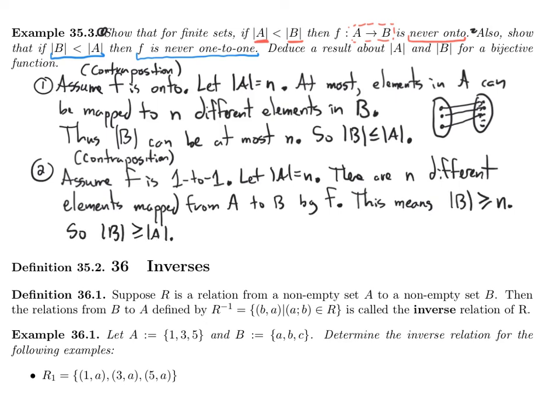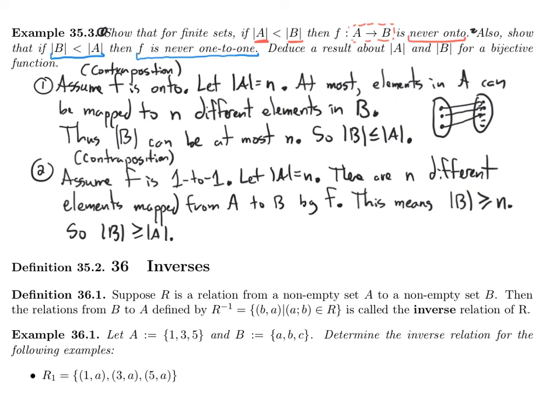And again, by contraposition, we assumed the negation of the then part. So f is a 1-to-1 function, and we showed that the negation of the if part is true. So that means that B is greater than or equal to A, which is what we've shown.